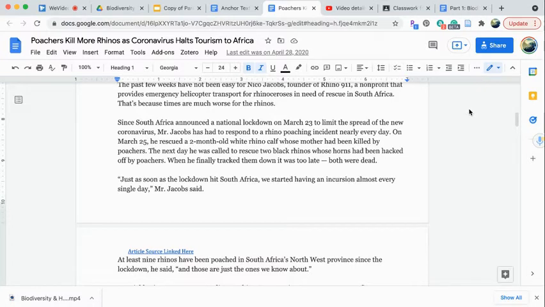So the problem I would write down on my little piece of scratch paper that I'm using to document this is more rhinos are being poached because of these countries, especially South Africa, being in a lockdown. So there aren't as many people touring to the places. So there's less people watching. So I would say more rhinos are being poached, is what I would say for the problem.